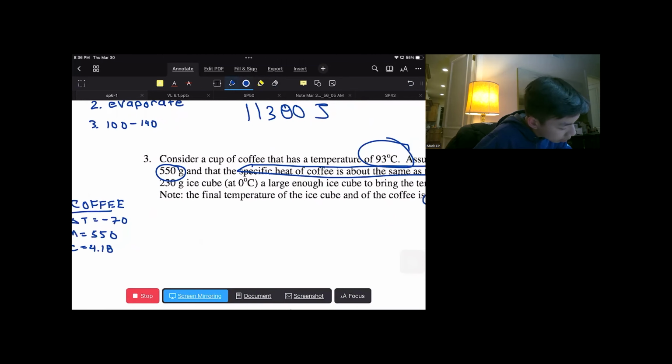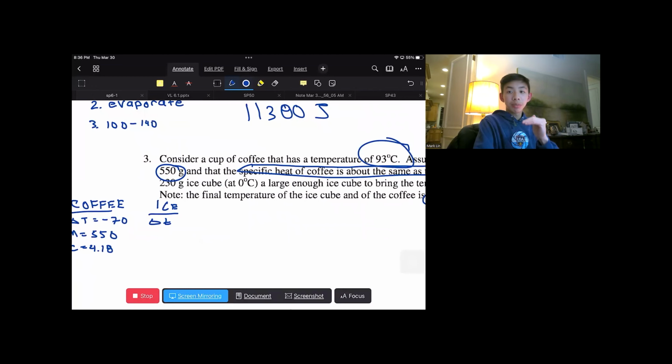For the ice, the initial temperature is 0 degrees Celsius, but at the end it's going to be brought up, it's going to gain heat, to 23 degrees Celsius. That temperature difference is going to be 23.